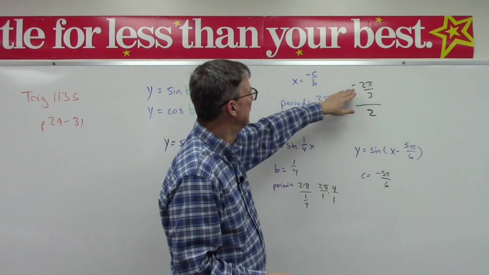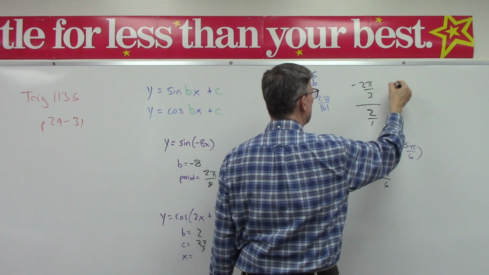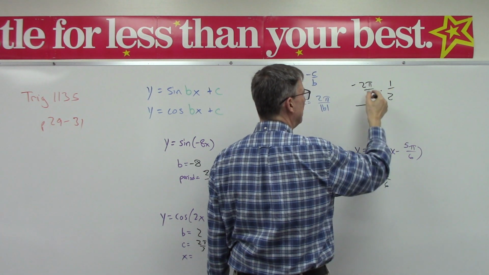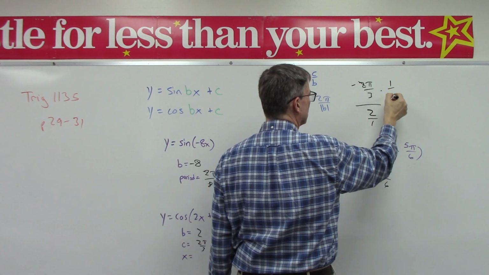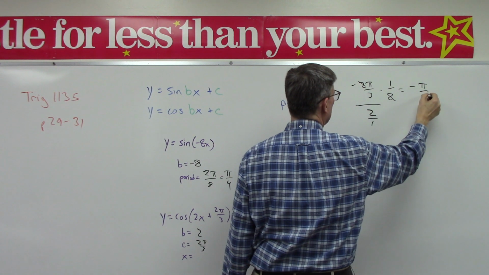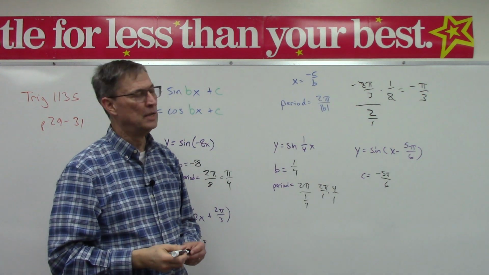So that's why it's negative here. So dividing by 2 means I'm going to flip it around and multiply times 1 over 2. So it looks like the 2 would cancel out and I would have negative pi over 3, okay?